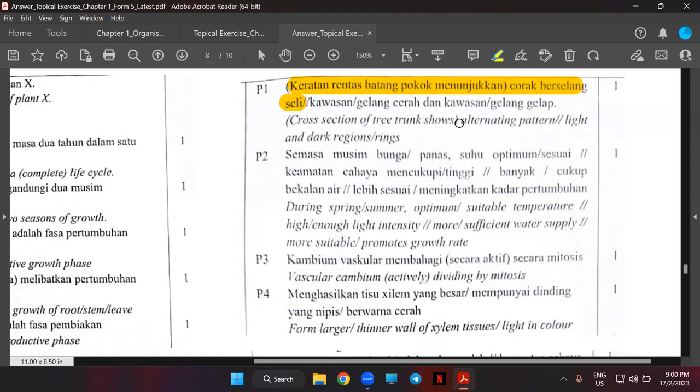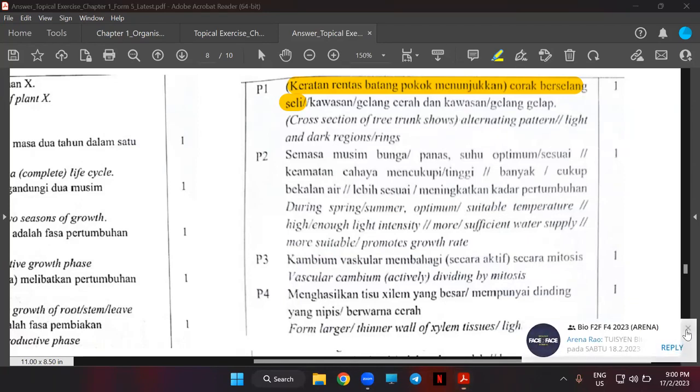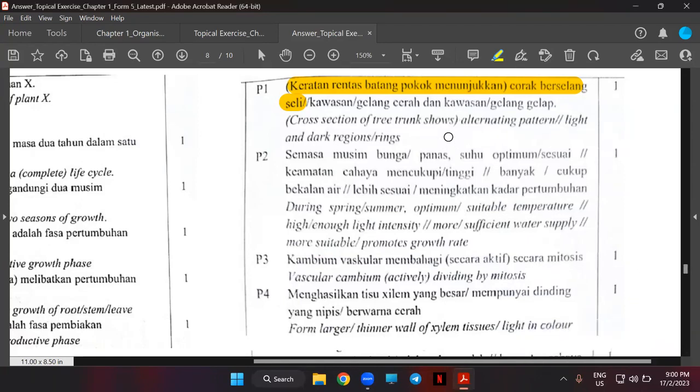Ataupun menunjukkan gelang cerah dan gelang gelap. Macam tu. Ya. Cross section of tree trunk shows alternating pattern, or shows light and dark regions, or shows light and dark rings, pun boleh. Your choice. You choose what you want to write.